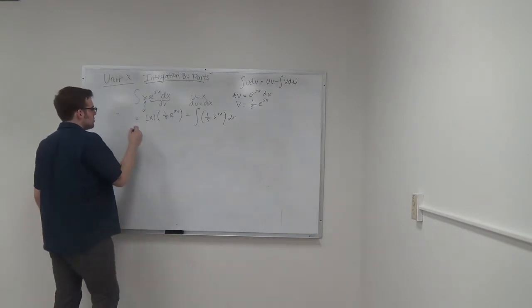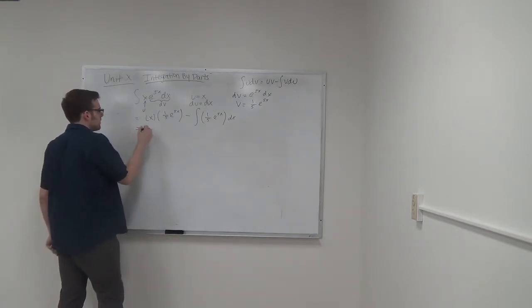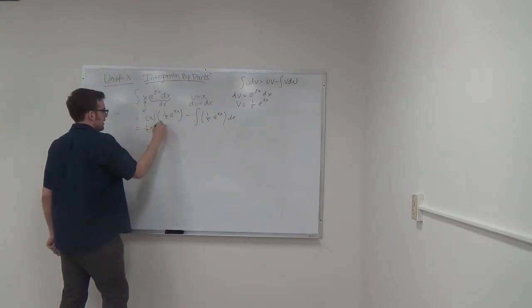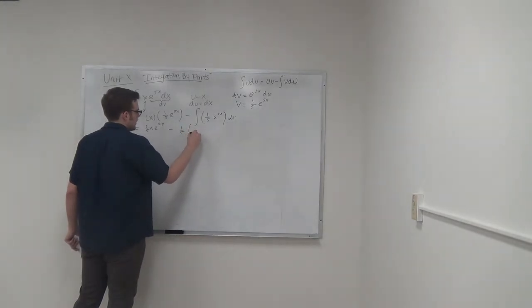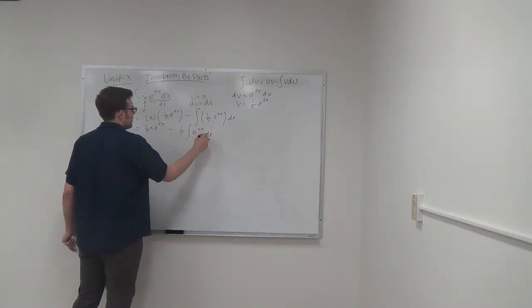Okay, so let's just rewrite this. 1/5 x e to the 5x minus 1/5 the integral of e to the 5x dx.